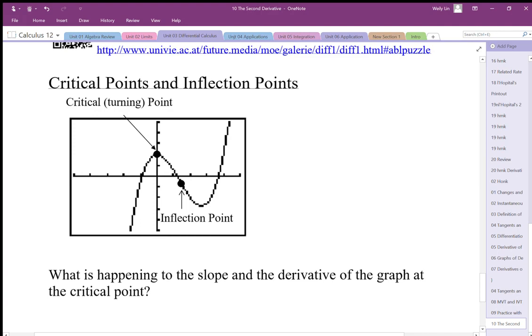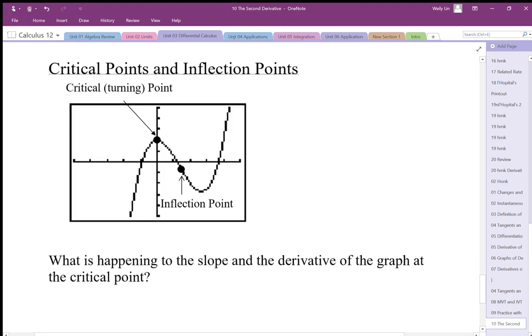This last part here is just talking about critical points and inflection points. So we just talked about that inflection point here. The critical point is when the first derivative is 0. The inflection point is what happens when we change curvature, or the change of the change is changing from a negative change to a positive change, and this is what we call the inflection point.